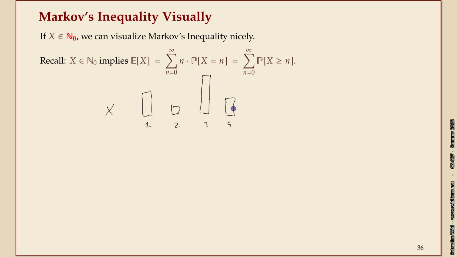So you're basically doing this, and then you have 2 times this small thing, 3 times the large guy, and 4 times the little one. That's your expected value, right? And another way to write that is, if you look at this sum, it gives you the same terms.